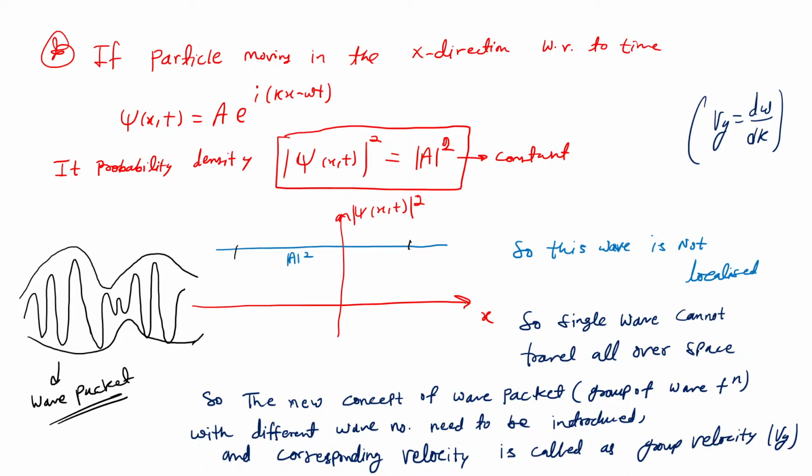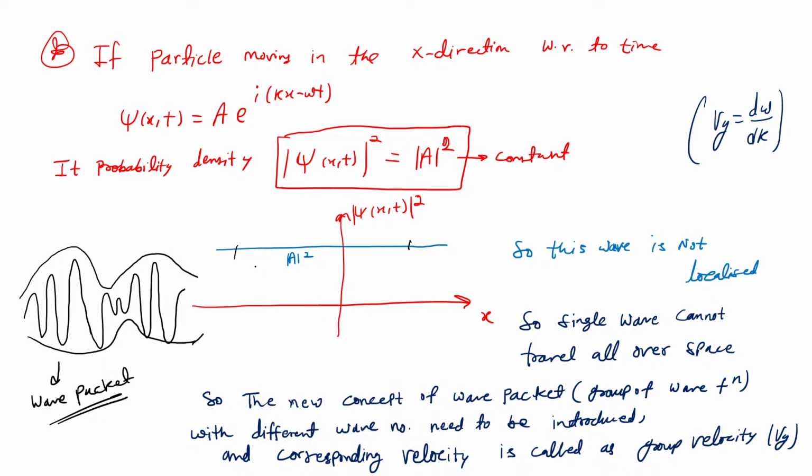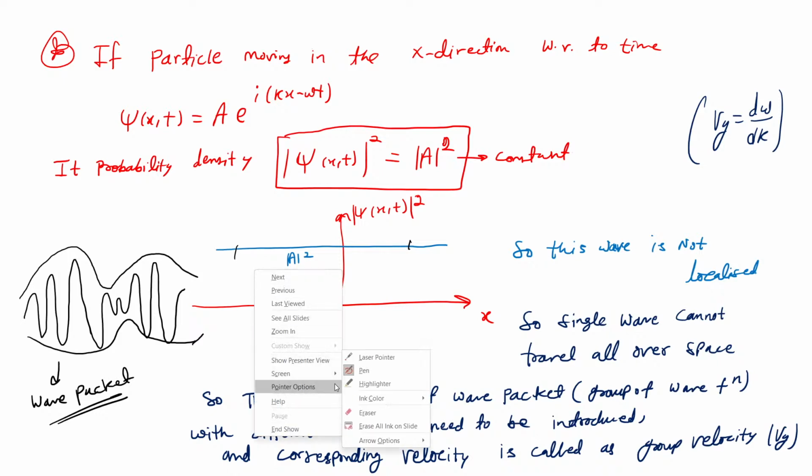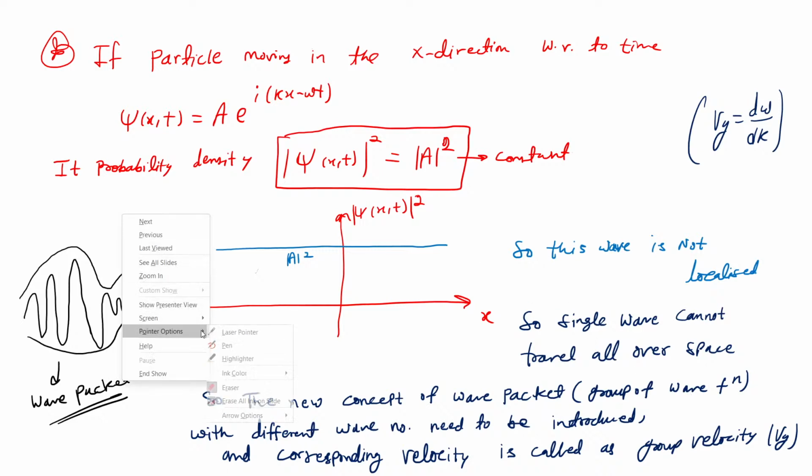So the group velocity and the wave packet concept is introduced. To understand this further, now we will discuss the wave packet with group velocity and phase velocities. I hope you understand why we need to look into the wave packet instead of a single wave. This is very interesting.